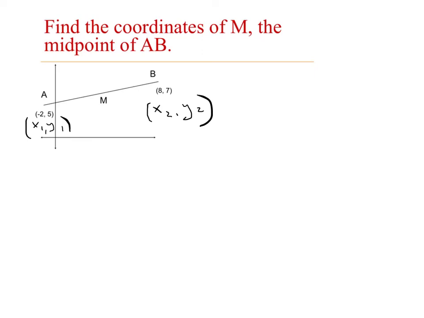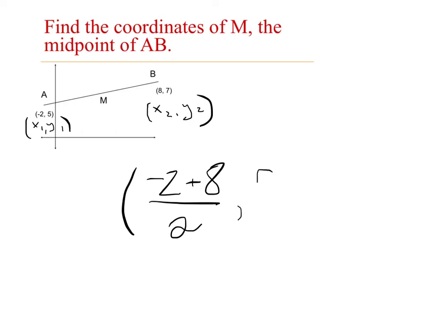So our formula says we're going to take the x values, which are negative 2 and 8, add them together and divide by 2, and then we're going to take the y coordinates, 5 and negative 7, add them and divide by 2. And what you'll notice, when you add negative 2 and 8, you get 6. 6 divided by 2 is 3, comma, and then 5 plus 7 is 12. 12 divided by 2 is 6.